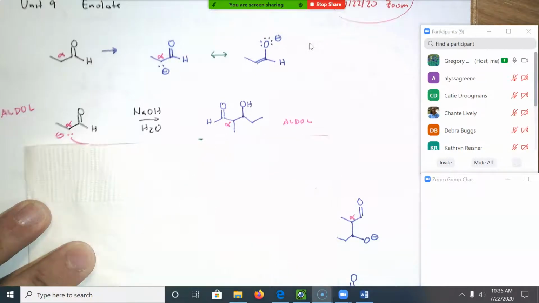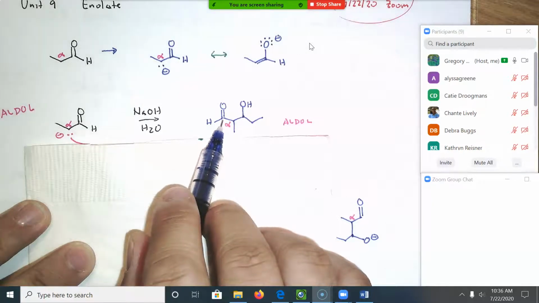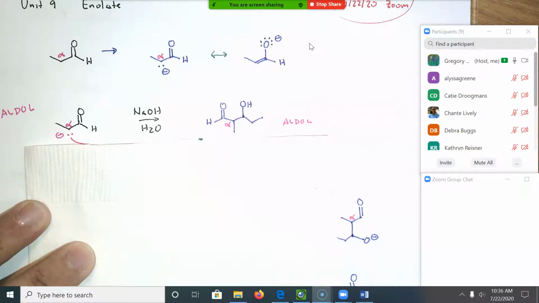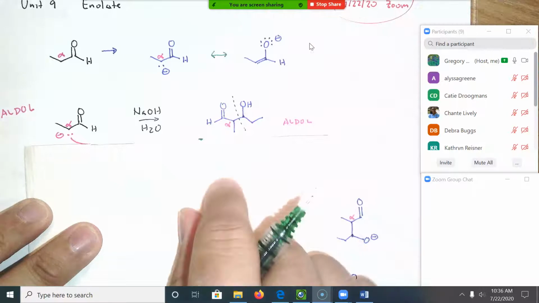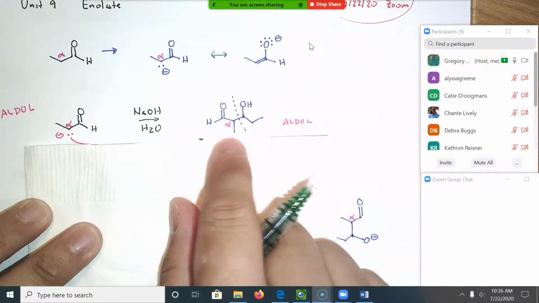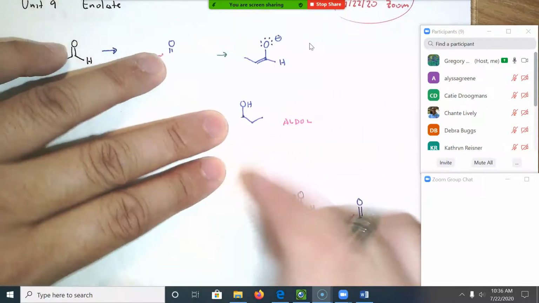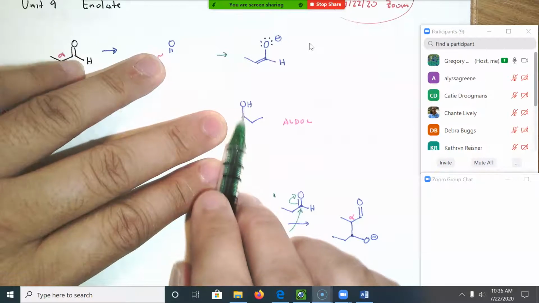But how do you find the alpha in this case? It's the one with the carbonyl group. So that carbonyl group, the carbon next to it is the alpha. The bond that I made was this one right here. Those are your two pieces. And technically, if you look at only the right-hand side, you could imagine that this was an aldehyde. There was a double bond here before it was attacked.